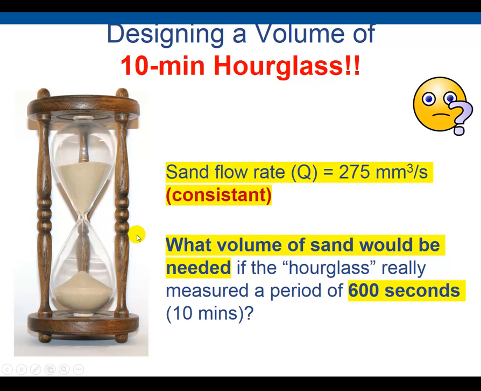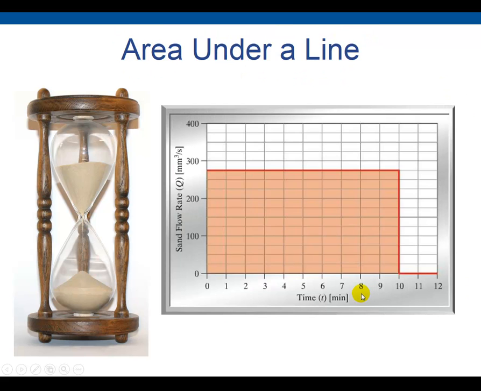The question is what volume of sand will be needed to build a 10-minute hourglass if we have this much consistent sand flow rate. Okay, 10 minutes is 600 seconds, so we can just multiply it, then we can calculate it.